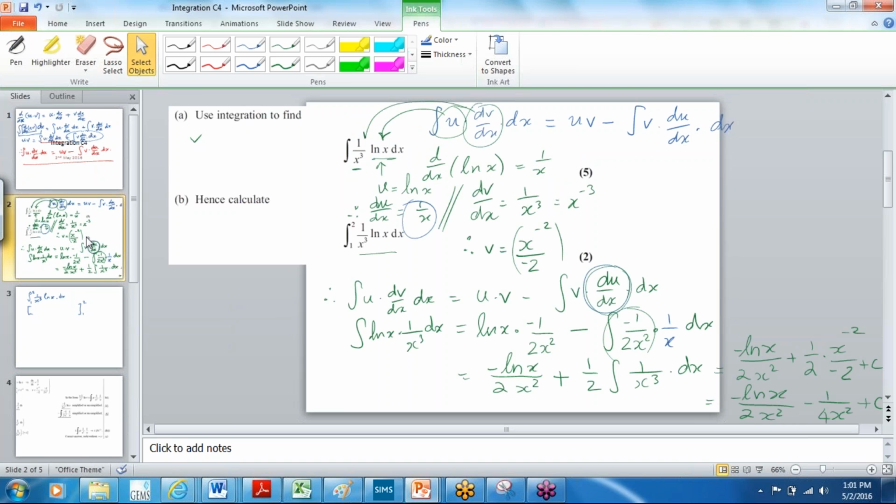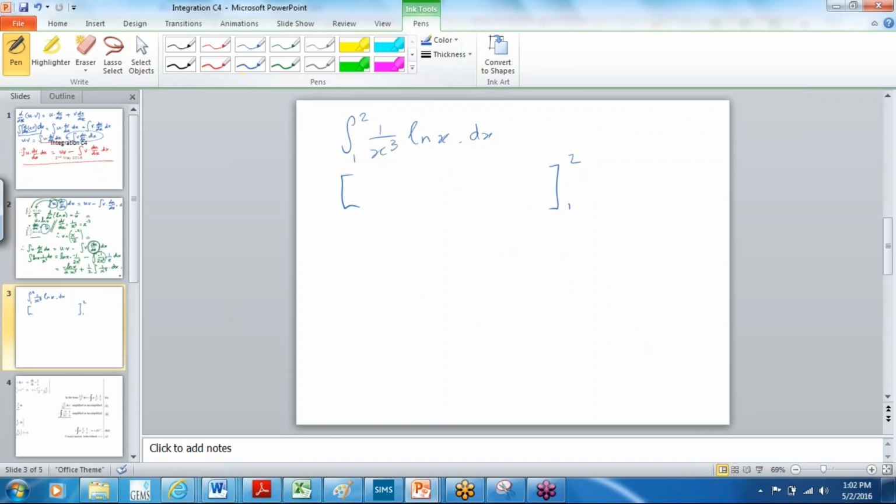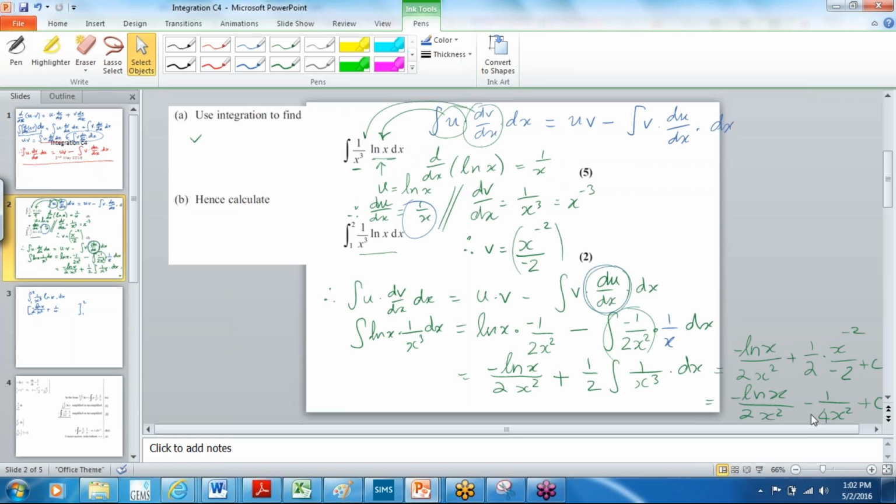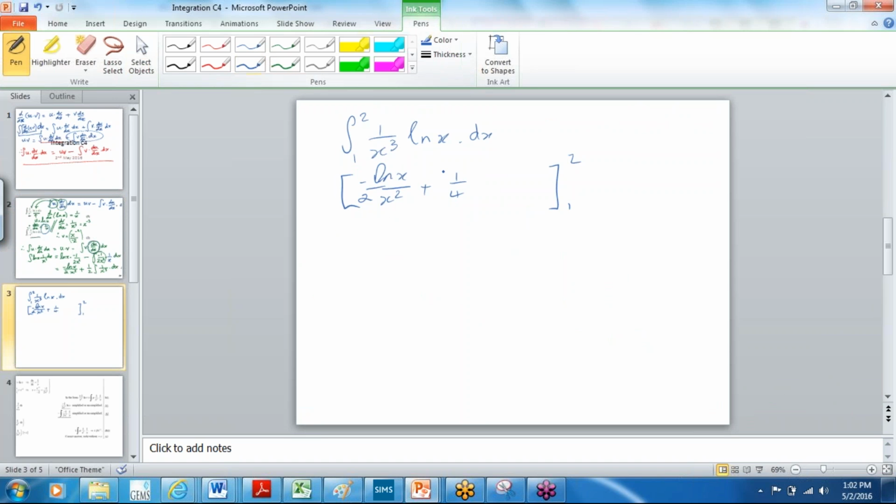Of our formula, which is negative a half, we've got log x on here, and x squared underneath, minus a quarter over x squared, and we go between 1 and 2. So we substitute 2 in here: 2 times 2 squared is 4, and x squared is 4.